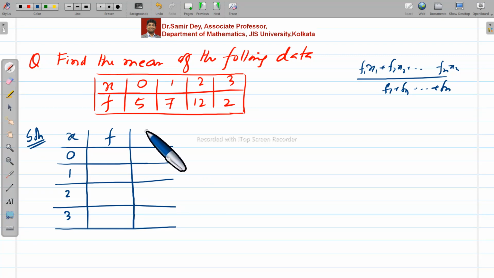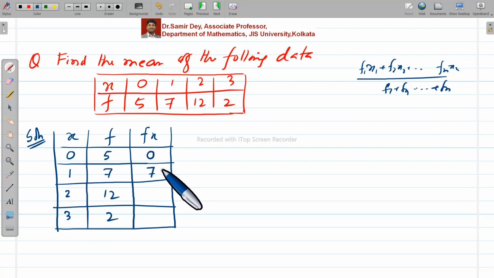Now here it is fx. Here you have 5, 7, 12 and 2. If I multiply, 5 into 0 is 0, 7 into 1 is 7, 12 into 2 is 24, 2 into 3 is 6. Clear? Now we want to find the summation of f, so addition of these.